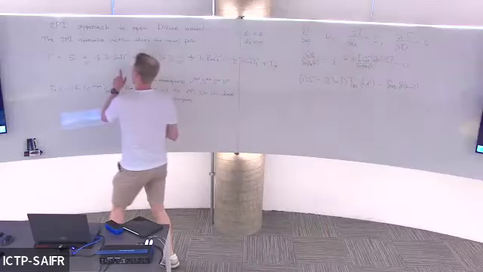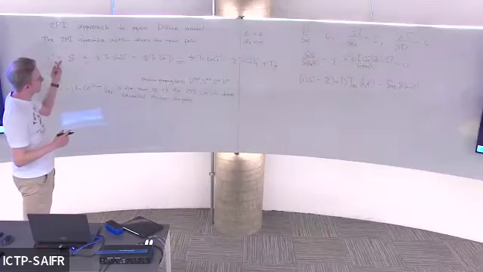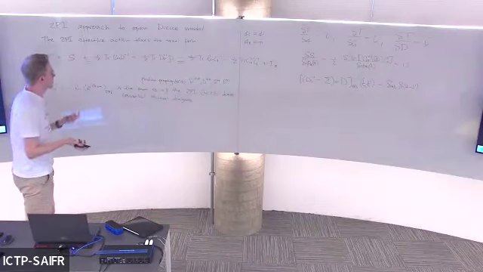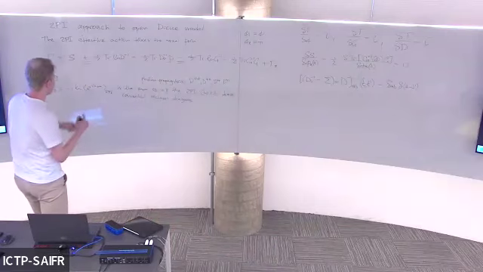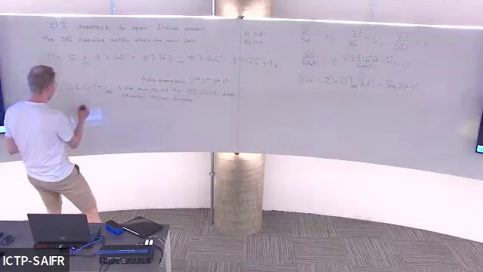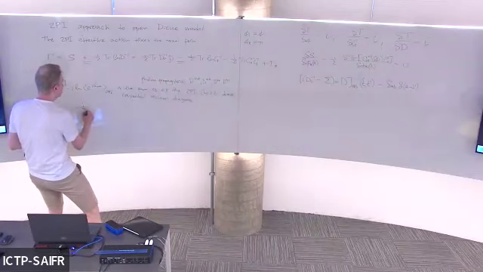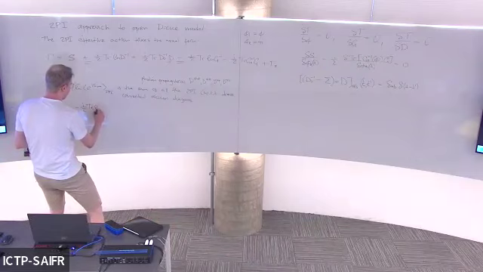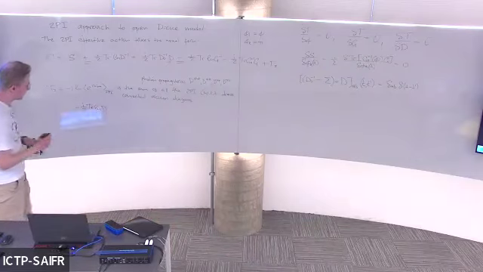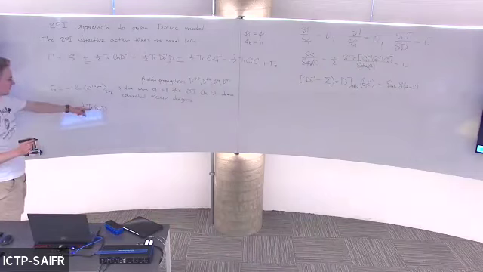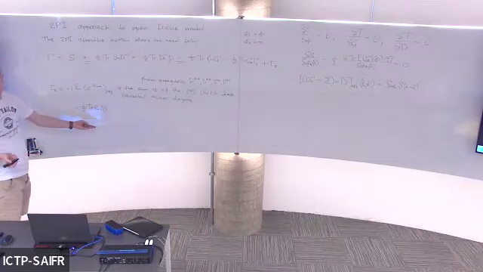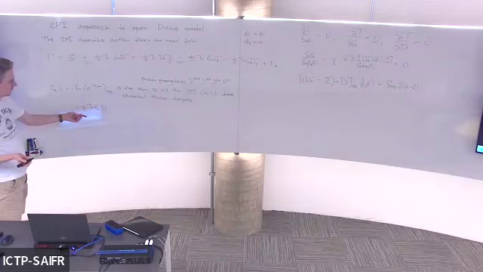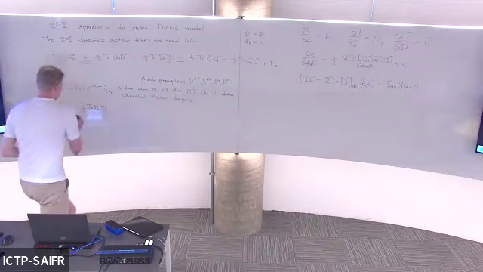This does not depend on d, so what does this give us? Well, you have a logarithm. Let's make it simpler: logarithm of d. What is the derivative of the logarithm? 1 divided by d.